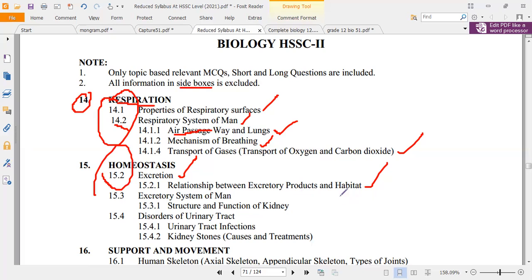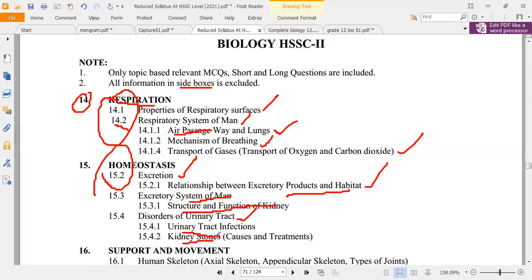In this, ammonia, urea, and uric acid will all come here. The next is the excretory system of man, that is the complete structure and function of the kidney will come, as well as disorders of urinary tract and kidney stones.